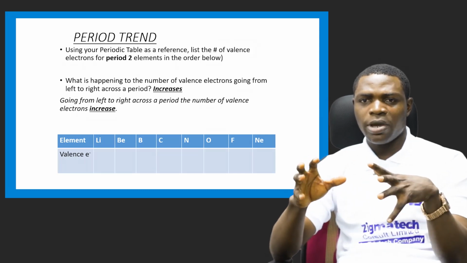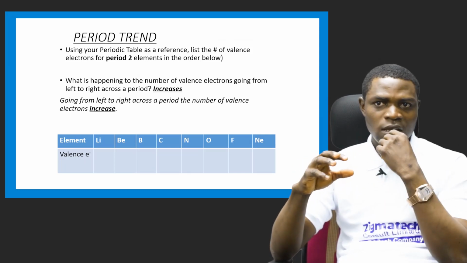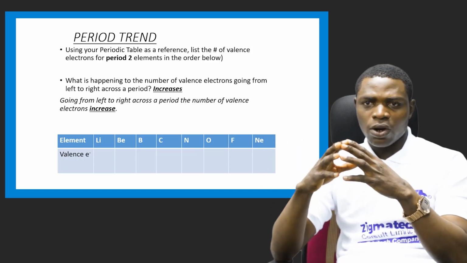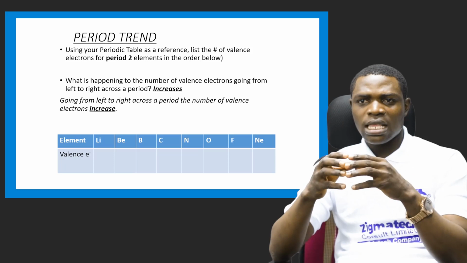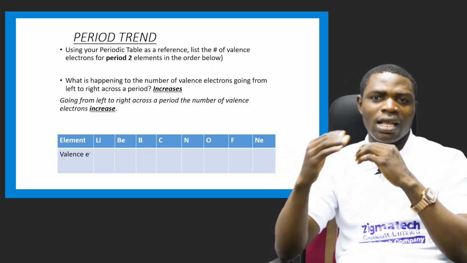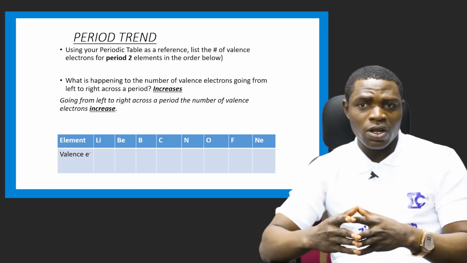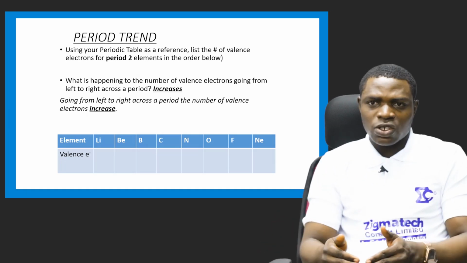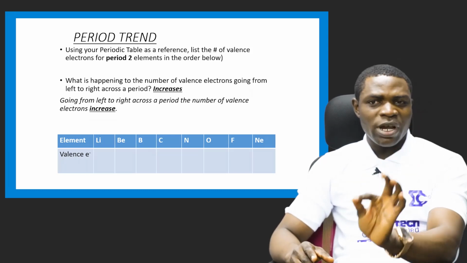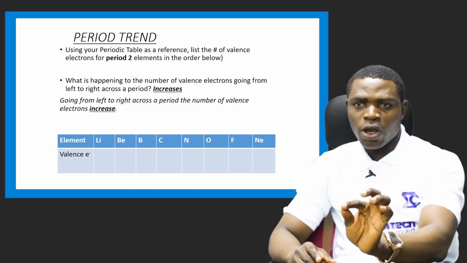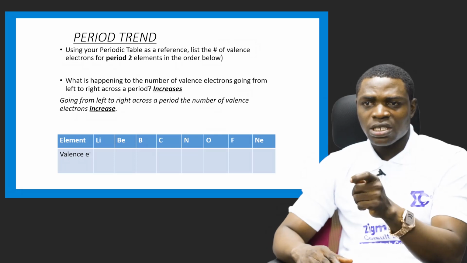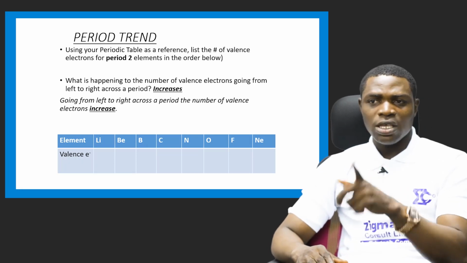We are tracing the valence electrons both down the group and across the period. As you go from left to right across the period, the valence electrons increase. If the valence electron of lithium is 1, that of beryllium is 2, boron 3, carbon 4, nitrogen 5, oxygen 6, fluorine 7, while neon is 8.